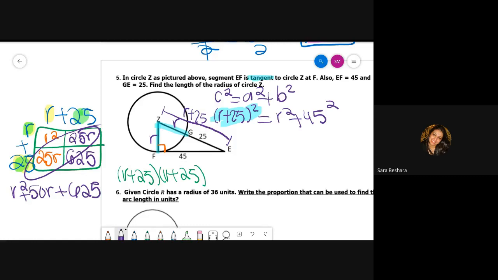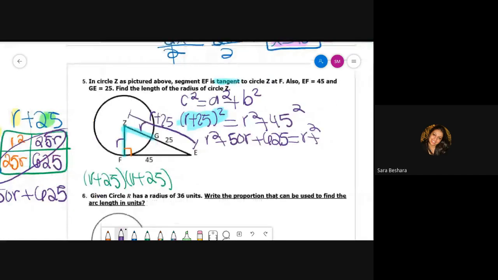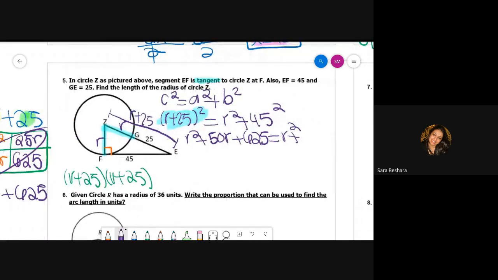So r squared plus 50r plus 625 is equal to r squared plus 45 squared, which is 2025. All right, now you can see that these r squared terms will cancel.